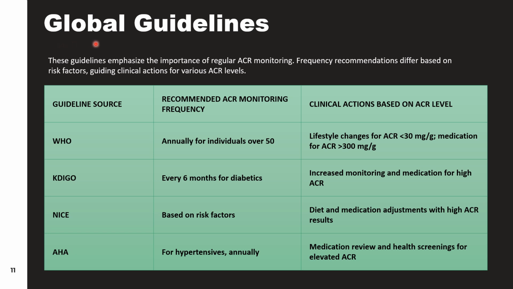Finally, let's see certain global guidelines for ACR monitoring frequency. First of all, WHO says in individuals over 50 years of age, annually ACR should be monitored, and if it is more than 300, medication should be started, and if it is less than 30, then lifestyle changes should be made.